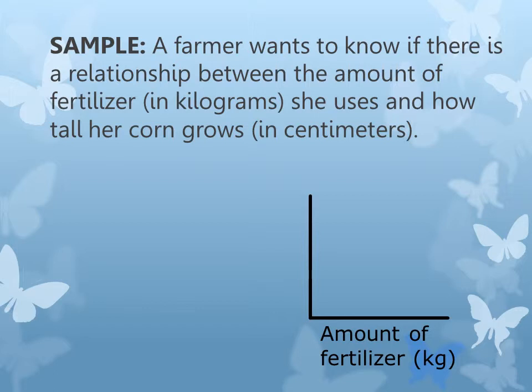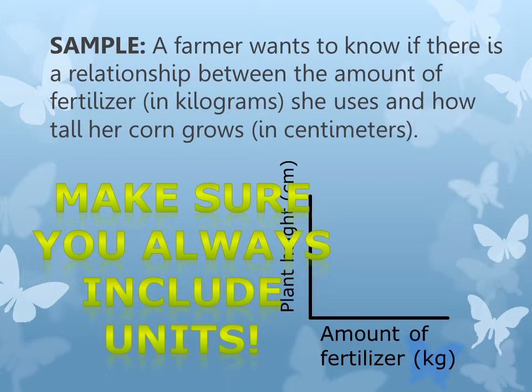So that is going to go on the bottom, and we need to make sure we put the units in parentheses right there. Then we can put the other one, how tall her corn grows, along the side, and make sure we put the units again in parentheses. Okay, and then we're done. Just make sure you always include units.